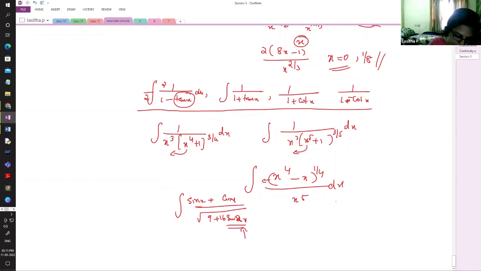Like this one, sin x plus cos x divided by root of 1 plus sin 2x. So there are a lot of questions where sin 2x comes in the denominator. These are my observations from the chapter on integration.